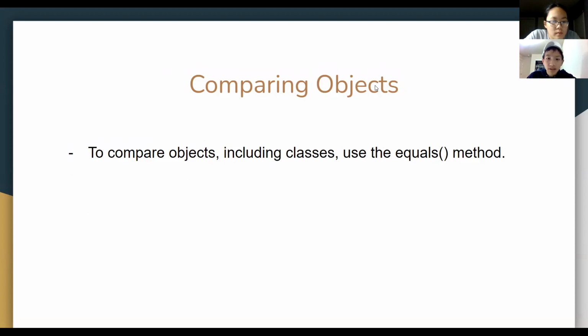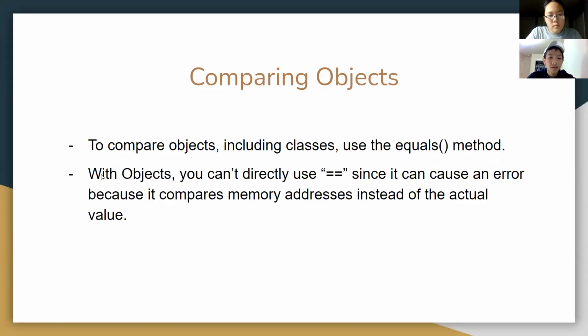When you want to compare objects, even classes, you need to use the equals method. When you use the equals method, make sure you put the period in front of the E. With objects, the reason you can't use the normal double equal sign is that it can cause an error, because it compares memory addresses instead of the actual value. When you create an object in Java, the computer has to allocate memory for that object for future reference.